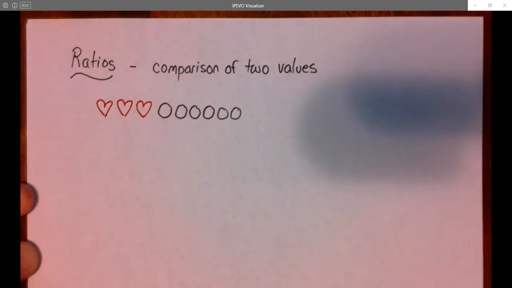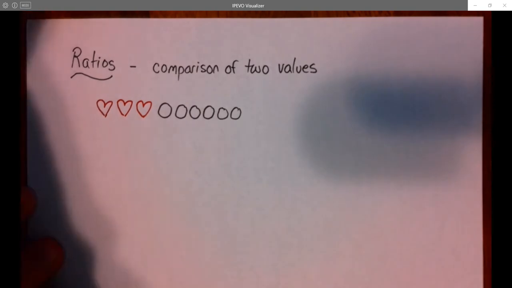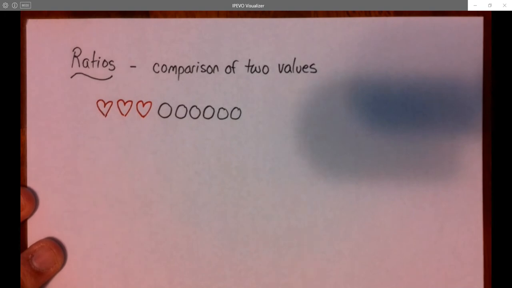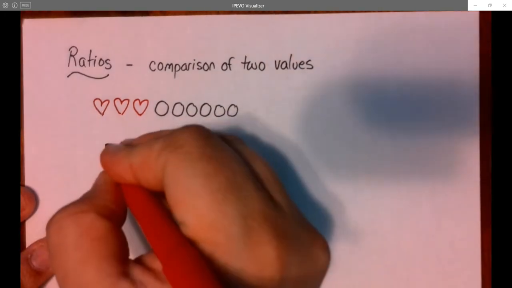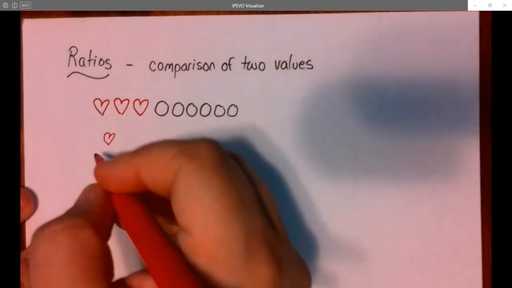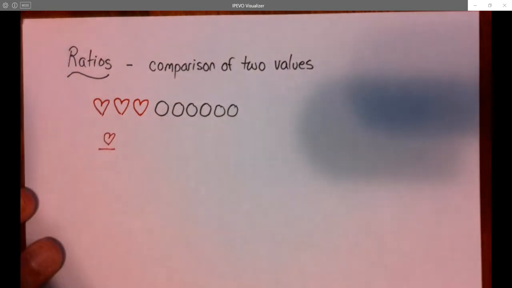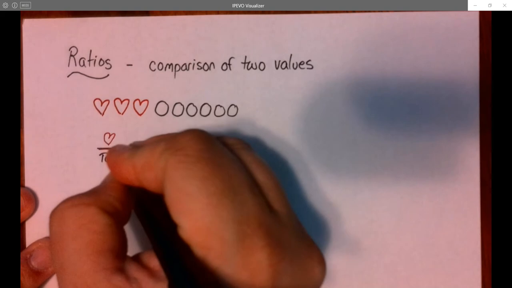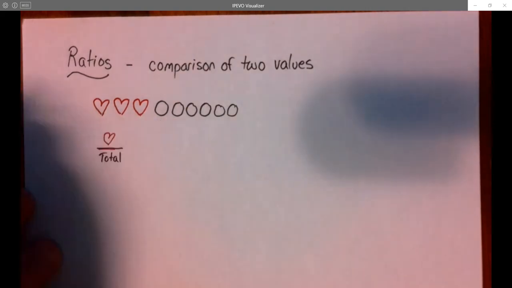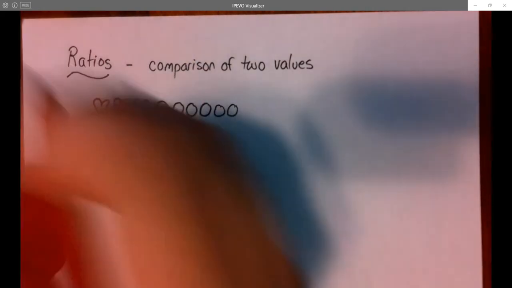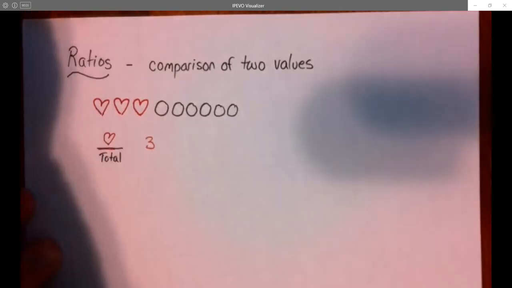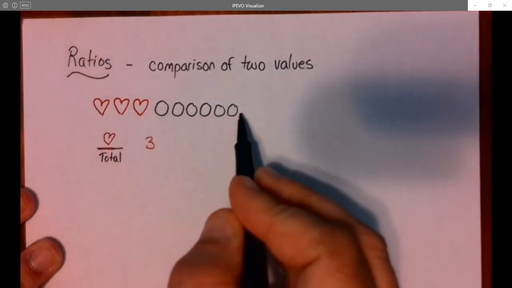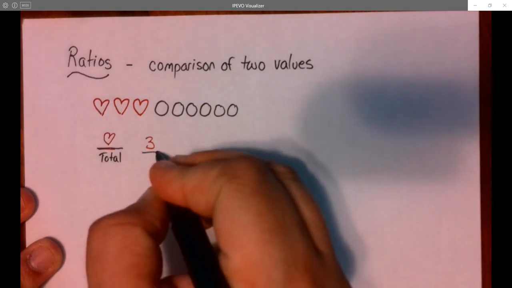Okay, so if I wanted to compare these, I can do a lot of different types of comparisons. I can compare hearts to the total, right? So I have 1, 2, 3 hearts to how many total? 1, 2, 3, 4, 5, 6, 7, 8, 9. 9 total.